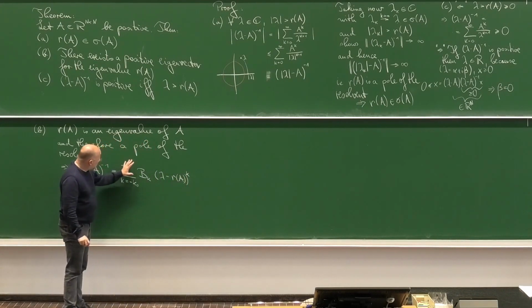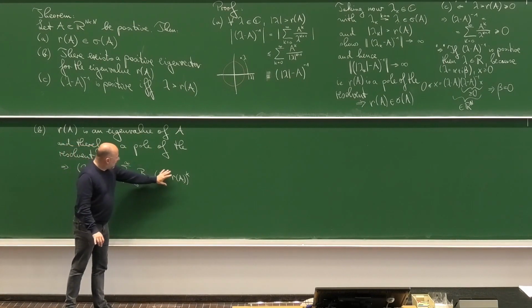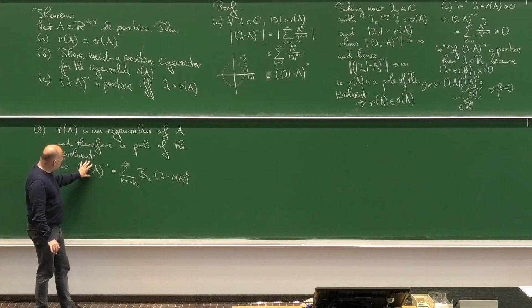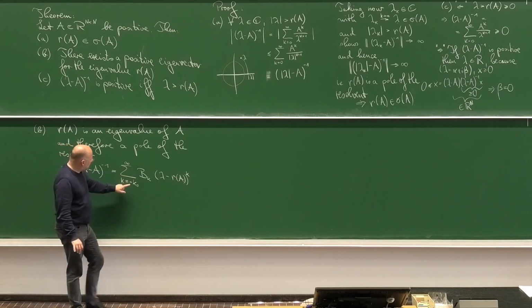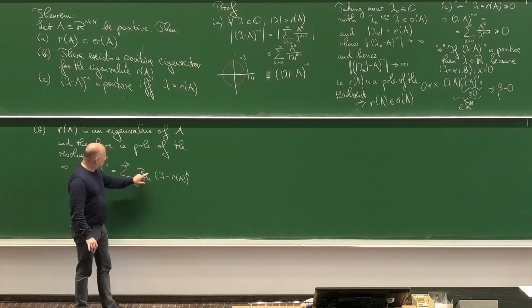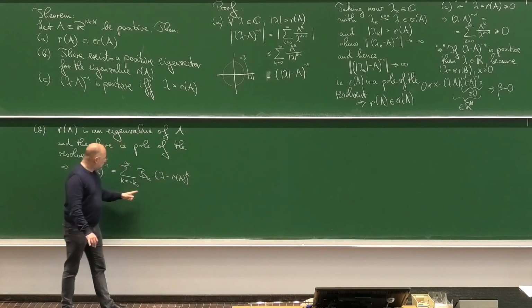So in this sort of power series or restricted Laurent series, we have an expansion of the resolvent in terms of the series, but the series starts at some negative index here, but finite, and this means that in the series there are some powers of lambda minus r of A with powers which might be negative.